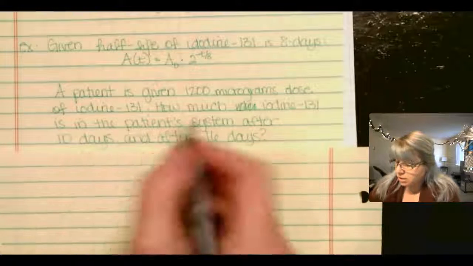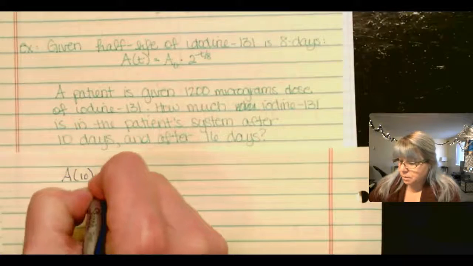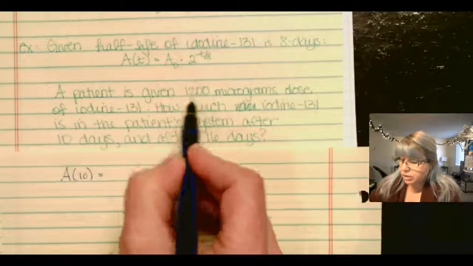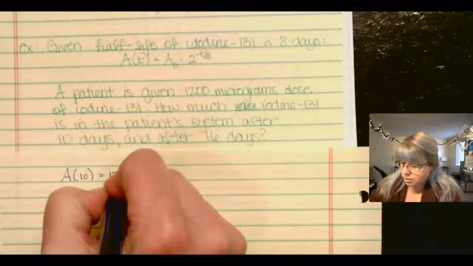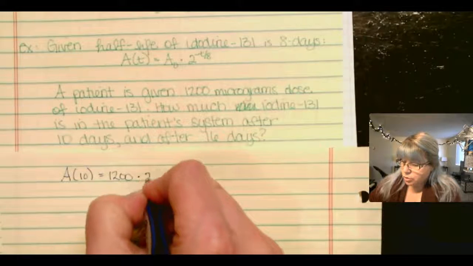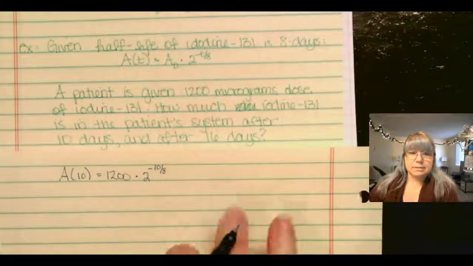All right, so the first one is A of 10, meaning our original amount, A of 0, would be the 1,200 micrograms that the patient was given, times 2 to the negative 10 over 8.